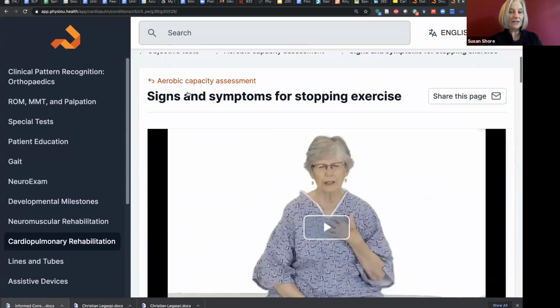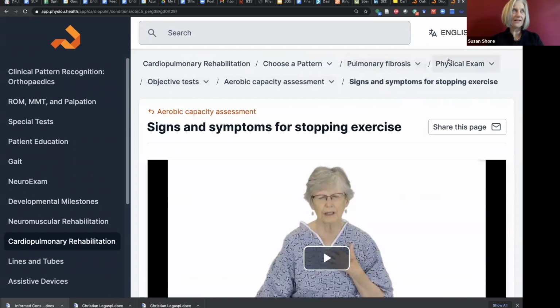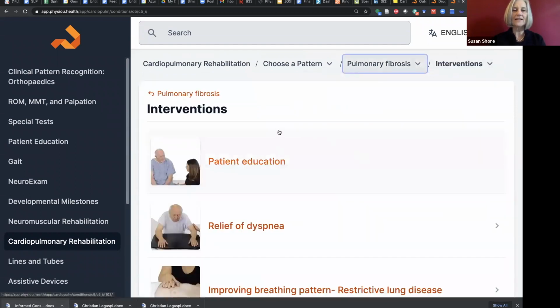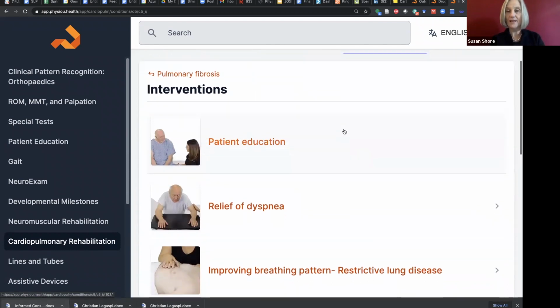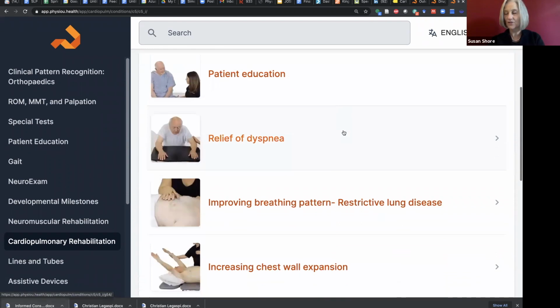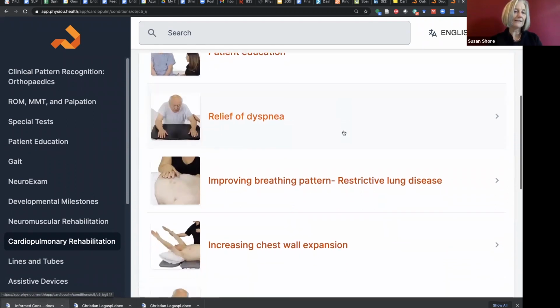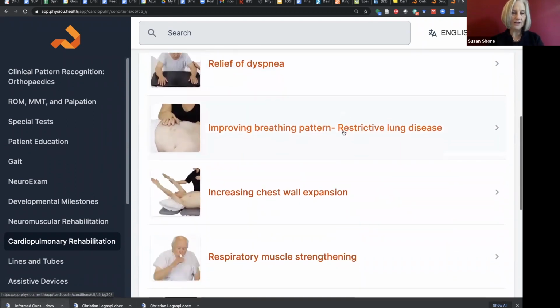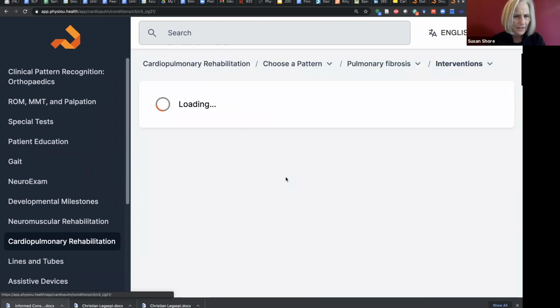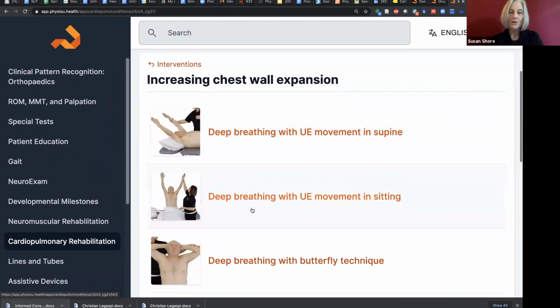So basically, from there, chief impairments, and then what are we going to do about that? What are we going to do about the dyspnea? What are we going to do about this chest wall that doesn't move? How are we going to work on chest expansion? Maybe just click on that one, Mike. Chest wall expansion.